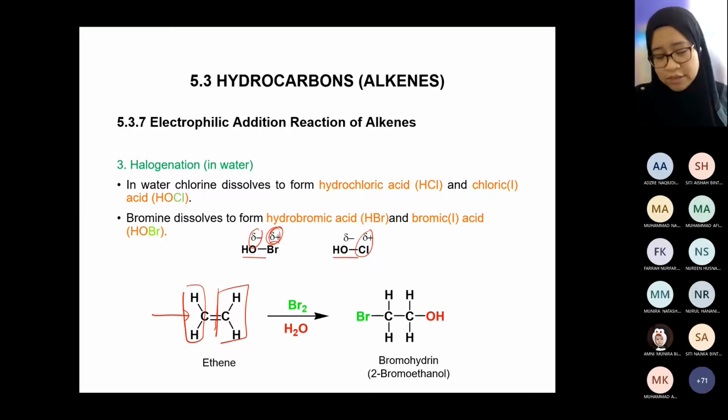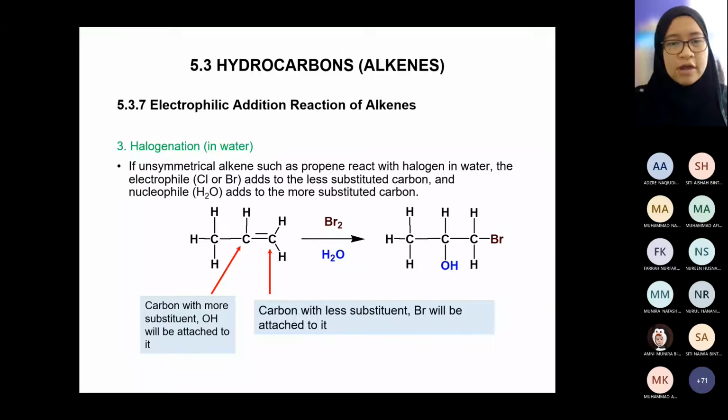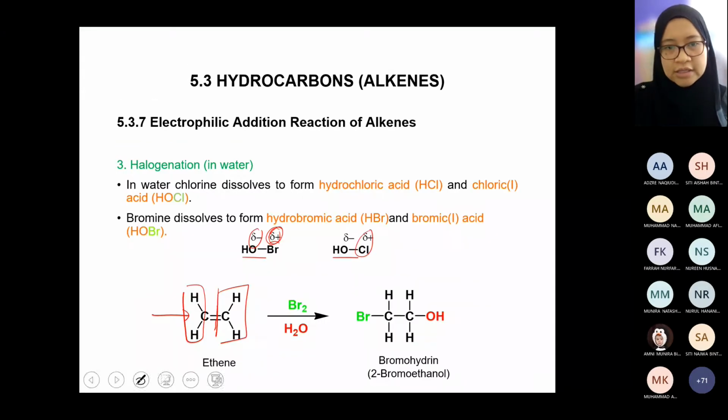Okay, so but not all molecules are simple as this. Okay, so we have very complicated molecules, even like this one. This is not considered as symmetry. This is considered unsymmetrical alkene. Okay, if unsymmetrical alkenes such as propene react with halogen in water, the electrophile, which is Cl or Br just now, yang saya katakan yang positive side tu, the positive side will be electrophilic.